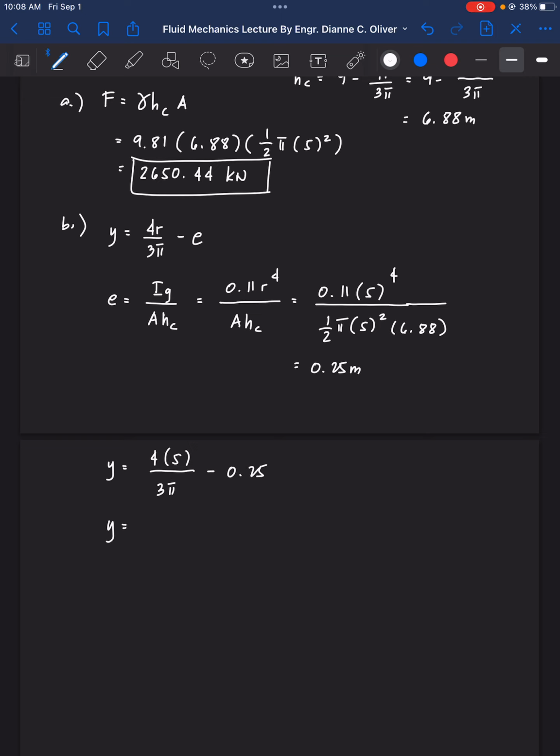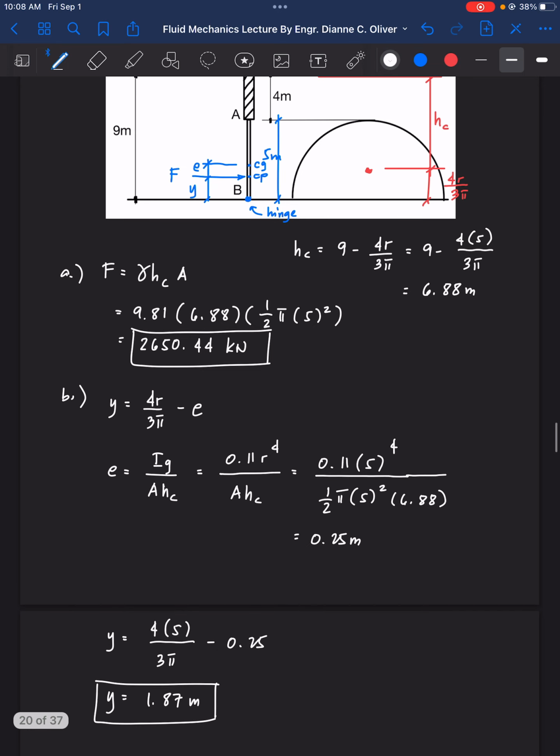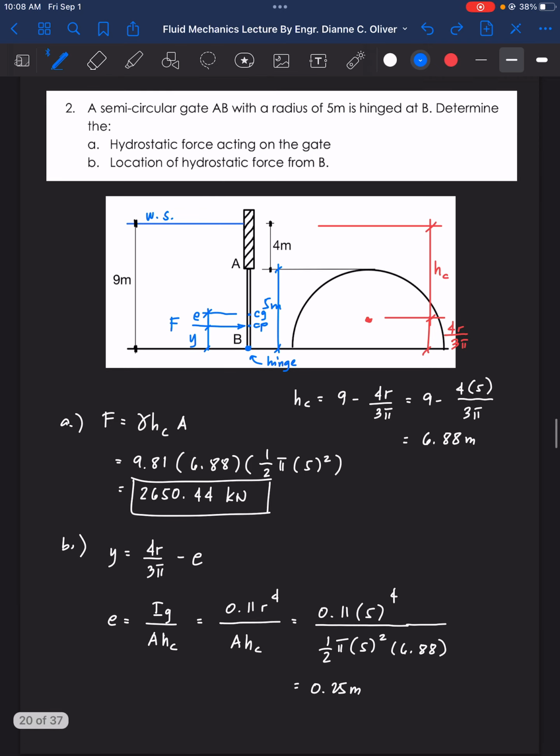So Y is now equal to 20 divided by 3 pi minus 0.25, which is 1.87 meter. So 1.87 meter is the distance from point B, or from the bottom, up to the center of pressure. So that's example number 2.